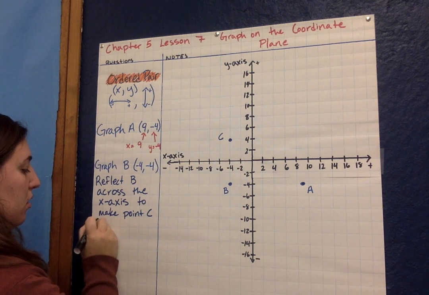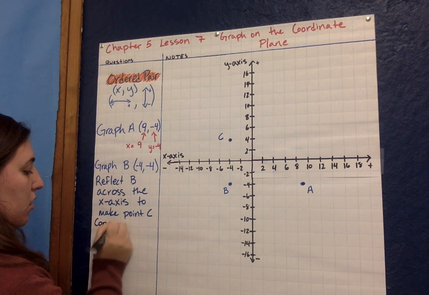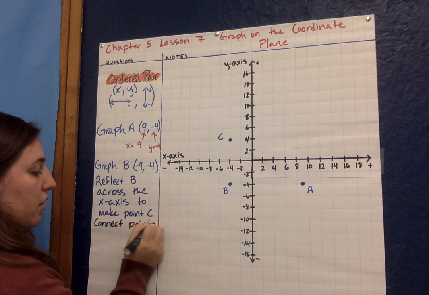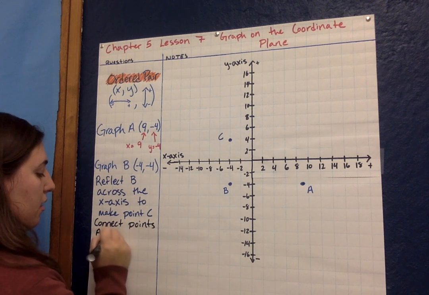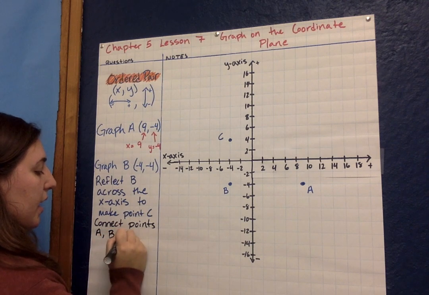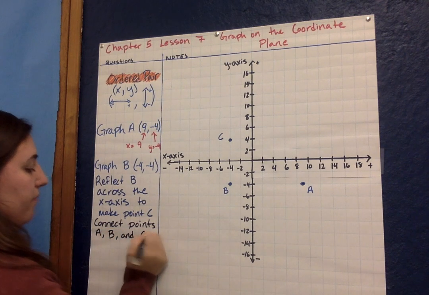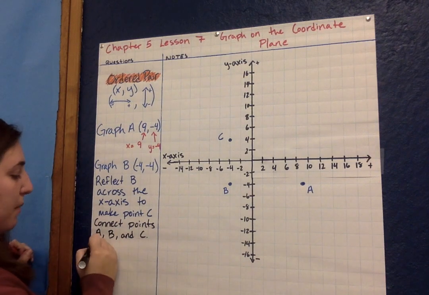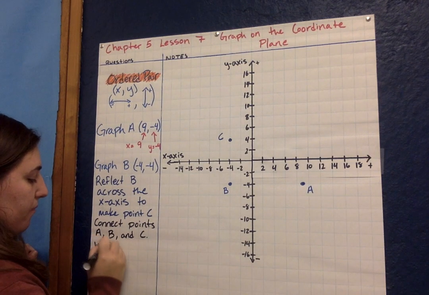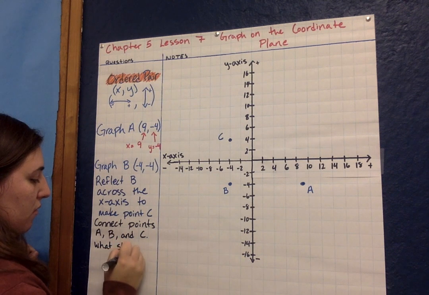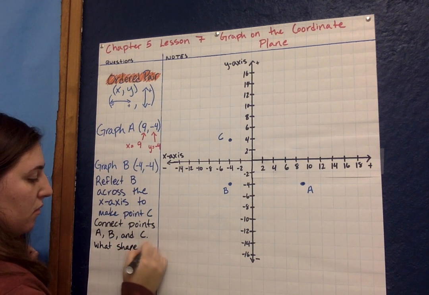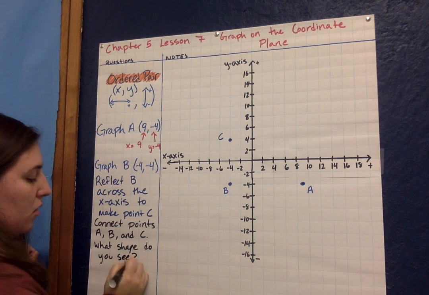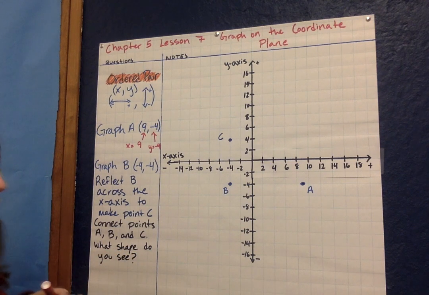So connect points A, B, and C. Okay, and then we'll see what shape does it make. So over here I wrote, what shape do you see?